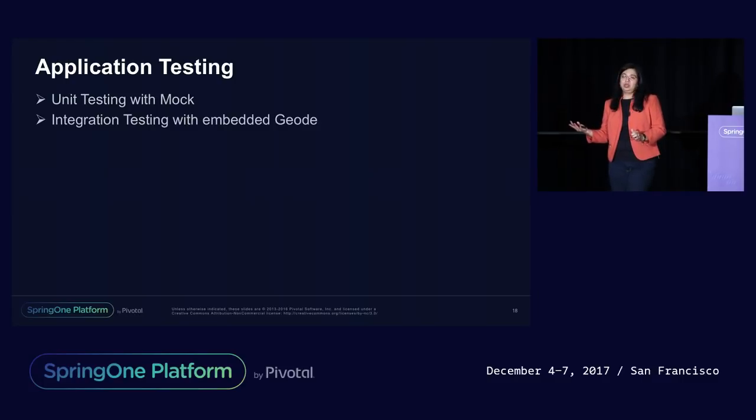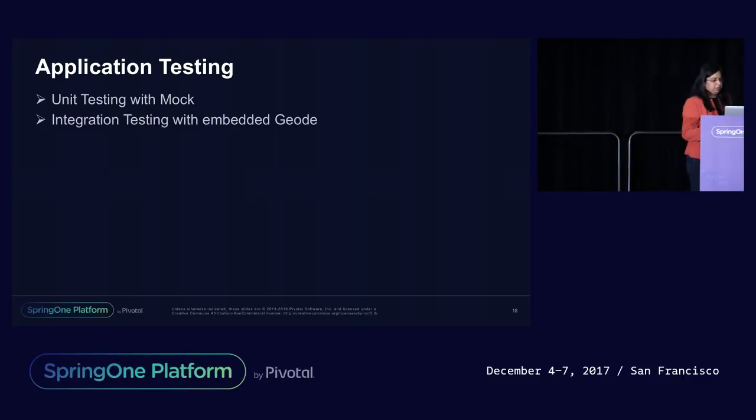We are using Geode as our data store, so why shouldn't we do the same thing with Geode? That's where we use the embedded Geode functionality, which lets us run those integration tests using embedded Geode and get the same experience as you would with any database.